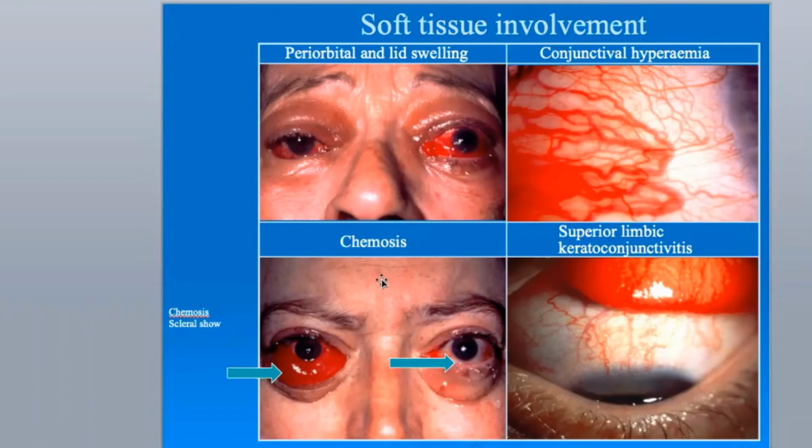Now how are you going to describe this? Periorbital swelling and lid swelling. Obviously, it looks very puffy. There is also injection of the conjunctiva. There's also scleral show. So these are the features of thyroid eye disease.